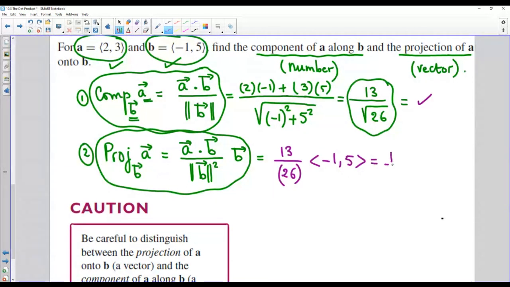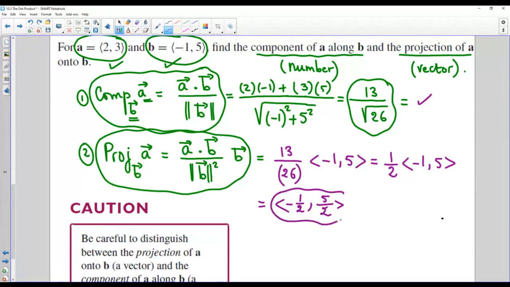So it's actually half. This 13 divided by 26 is half, multiplied by -1, 5, and finally it becomes -1 over 2, and 5 over 2, and that is the final answer. Are we okay with this? Yeah.